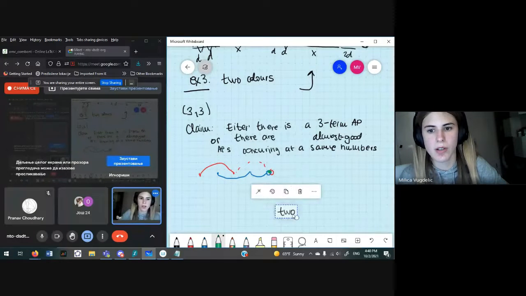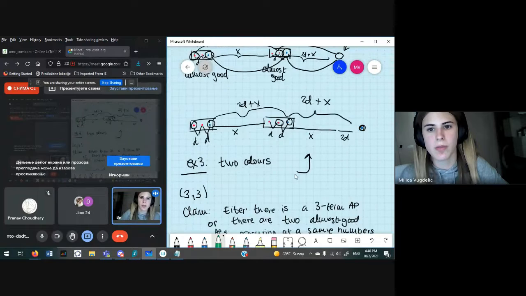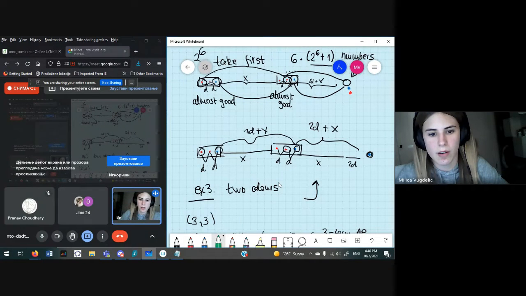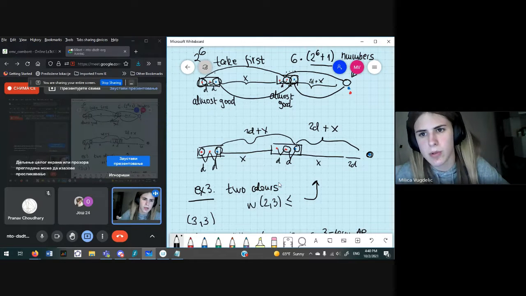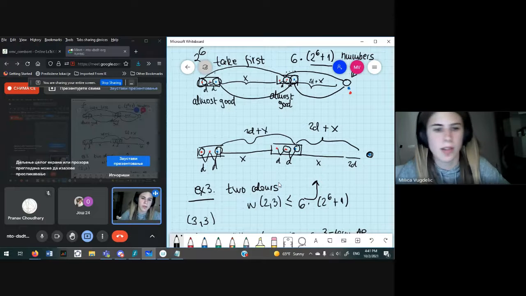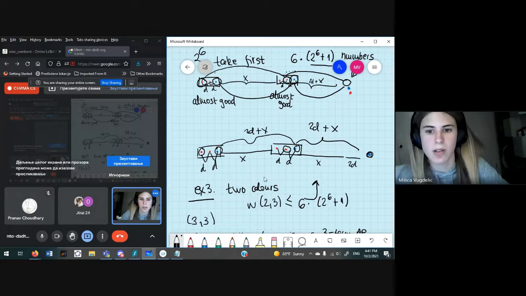So here we have proved that V of 2, 3 is less than or equal to 6 times 2 to the 6 plus 1. And in reality, we know it's 9, but it doesn't matter.